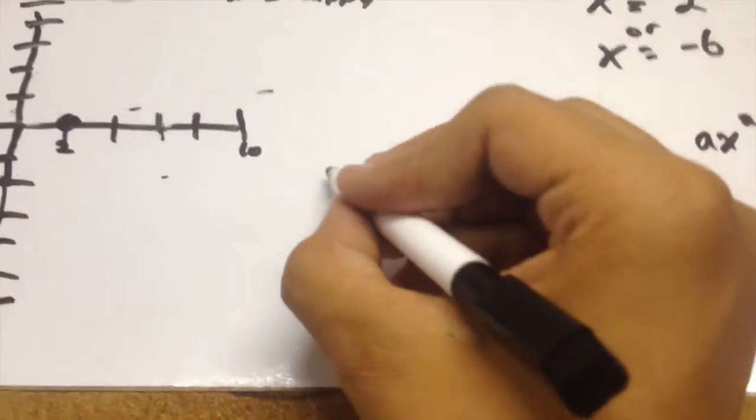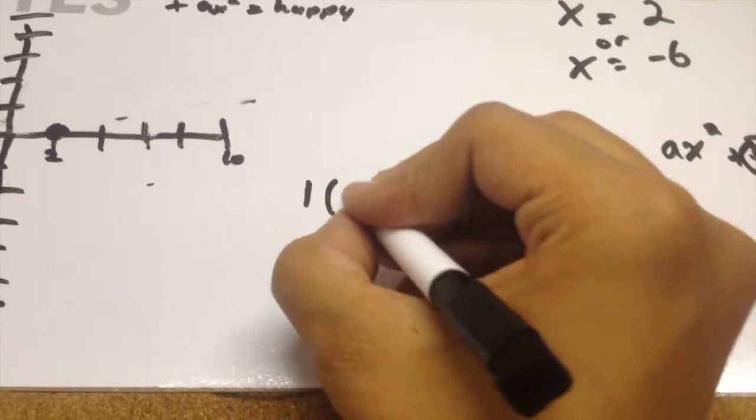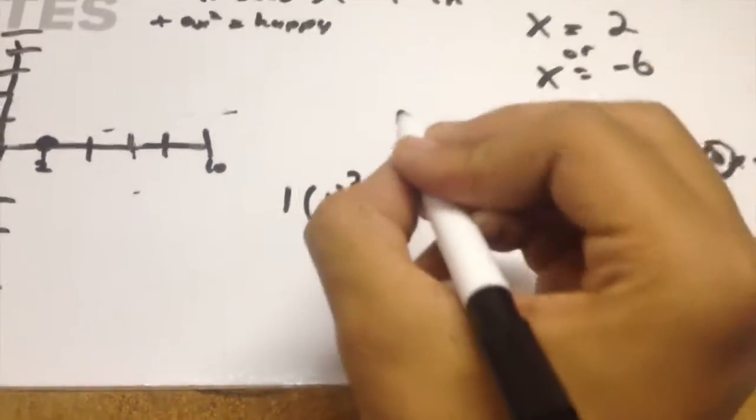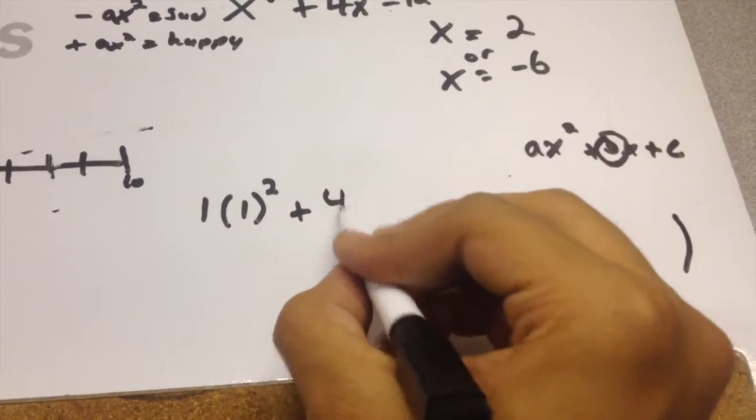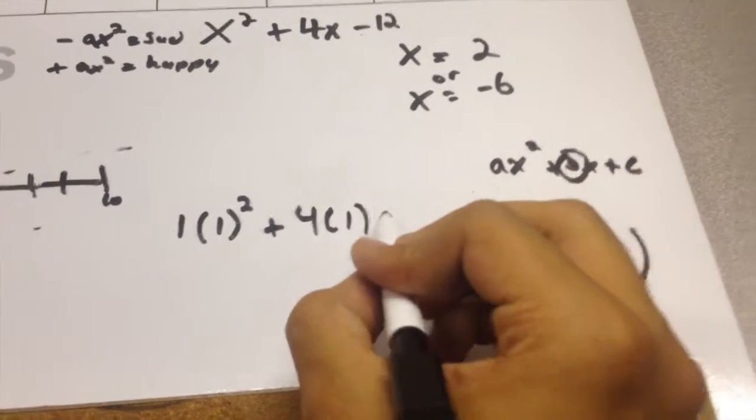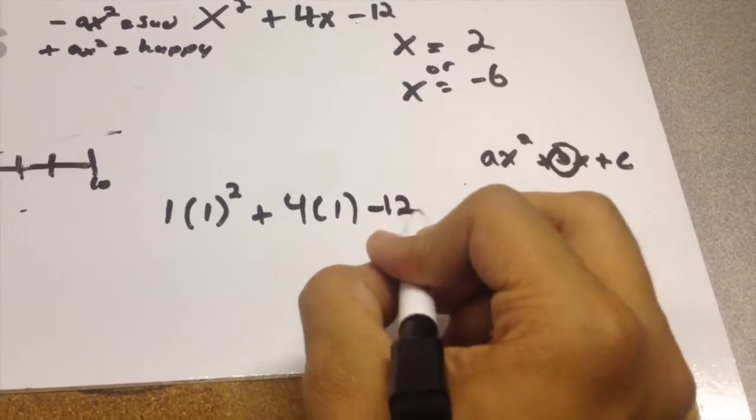So we're gonna take 1 times 1 squared plus 4 times 1 minus 12.